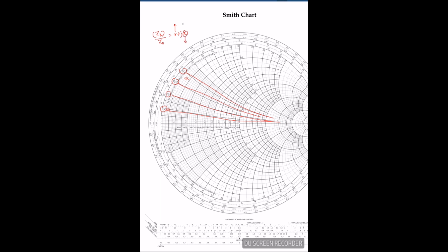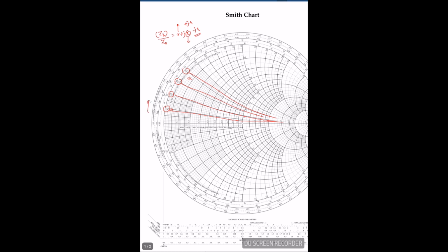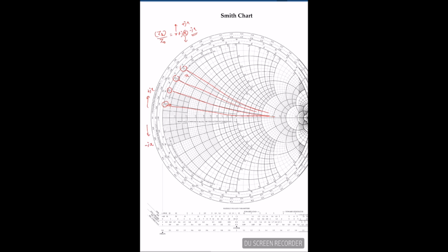So this can be plus jX or minus jX for any given impedance. If it is plus jX, it is always in the top. In the Smith chart, the bottom is always negative jX. So once I know first R, then plus jX or minus jX, I can go top or bottom of the Smith chart. Once I know that, I have to mark the point.